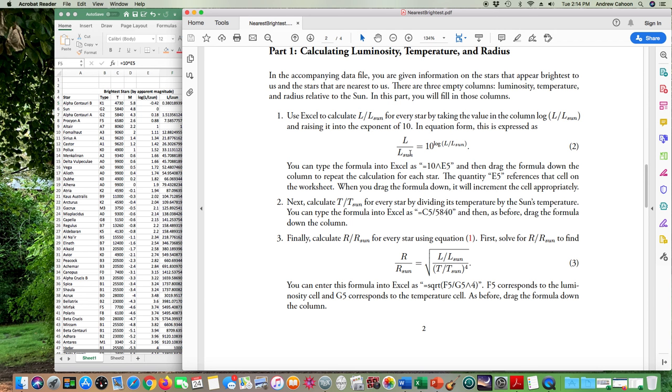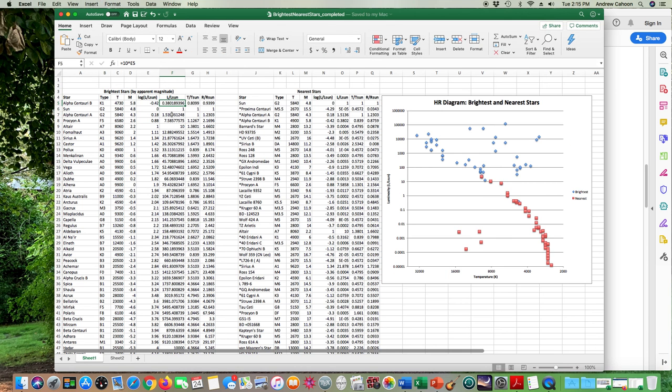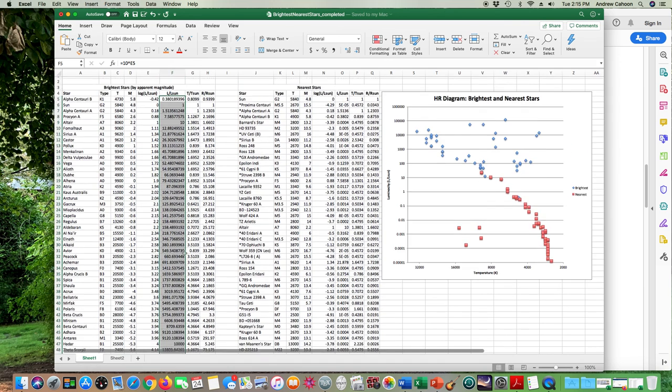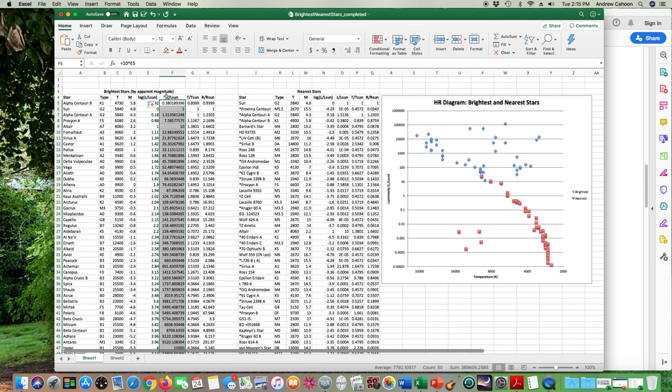So for example, for luminosity, you type this formula into Excel: equals 10 raised to the power of E5. Okay, so that's this cell. You type that in here, and you can drag the formula down, and it will update the luminosities for all of these columns.